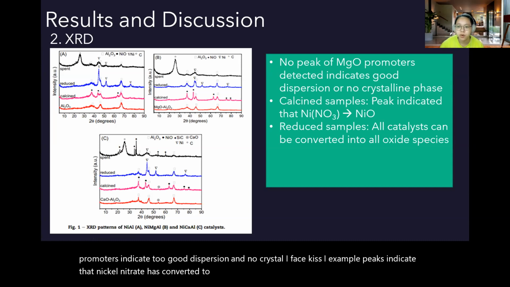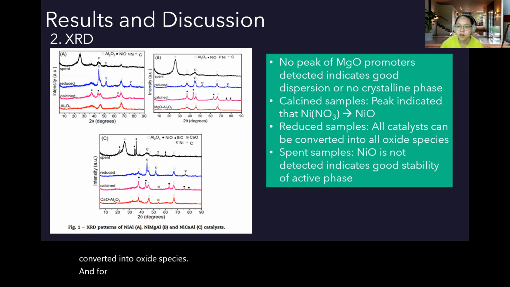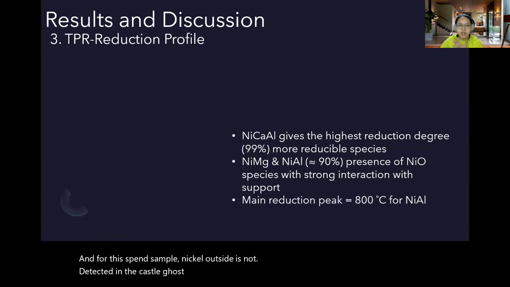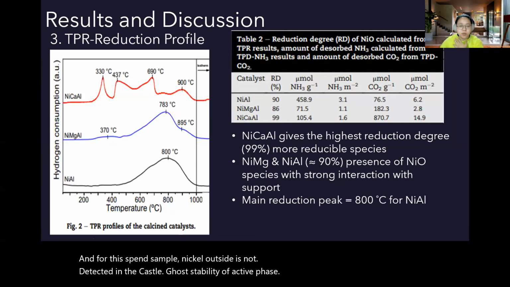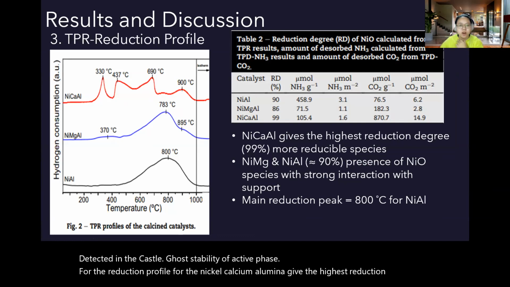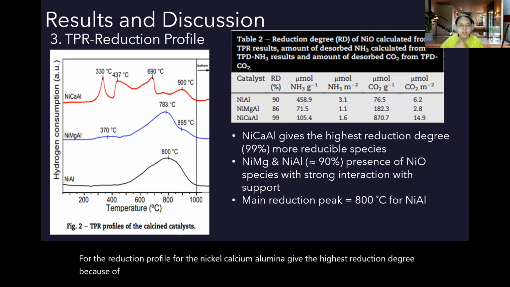For the reduced sample, all catalysts can be converted into metallic nickel species. And for the spent sample, nickel oxide is not detected, indicating a good stability of the active phase. For the reduction profile, the nickel calcium alumina gives the highest reduction degree because of the more reducible species.